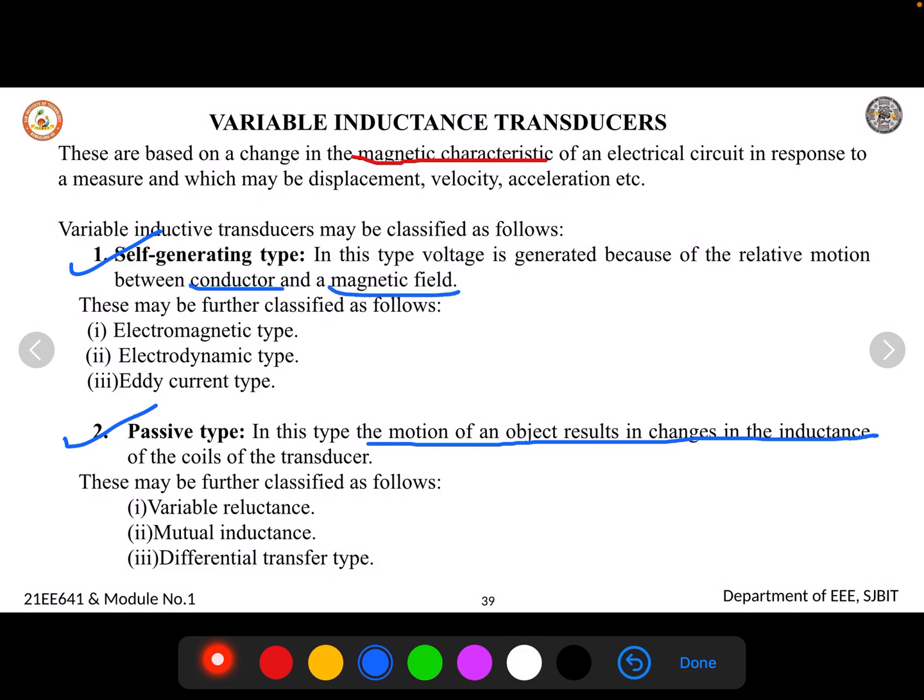The self-generating type is subdivided once again: electromagnetic type, electrodynamic type, and eddy current type, where it generates a voltage. Then there is the passive type, where we have variable reluctance, mutual inductance and differential transformer type. We will see one by one here.